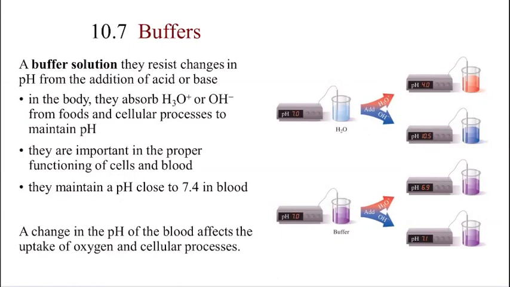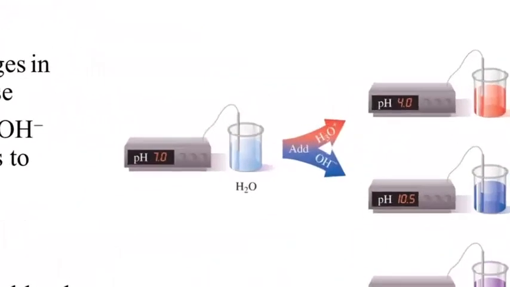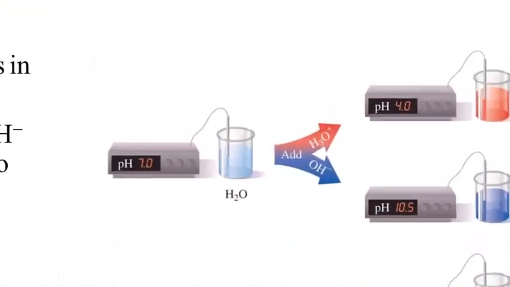Now, let's look overall, at least in the figure that we have on the right side of the slide, at how a buffer system can resist changes in pH. As you can see on the top of the figure, we have just water. And if you add acid to just water, then you have more concentration of H3O+, so the pH is going to drop drastically.